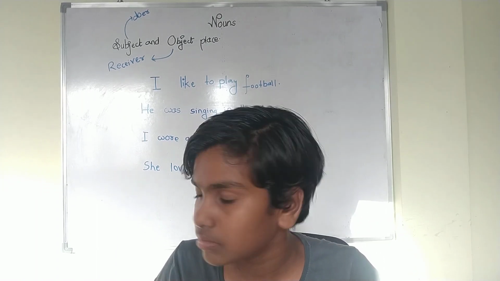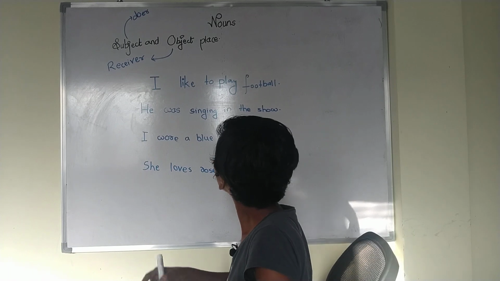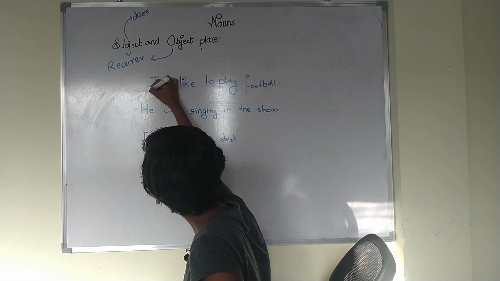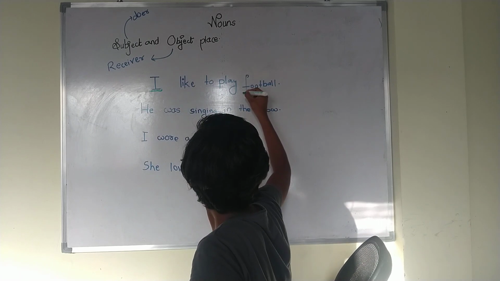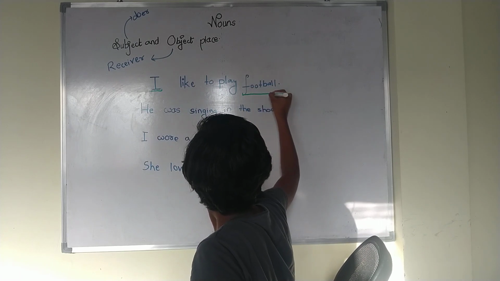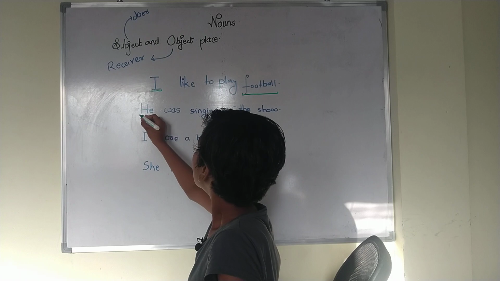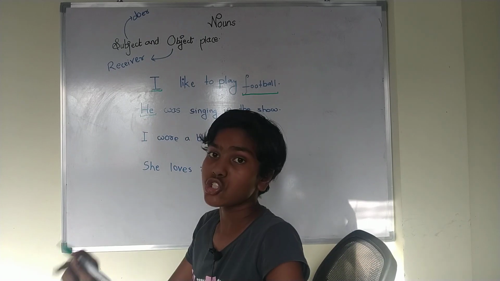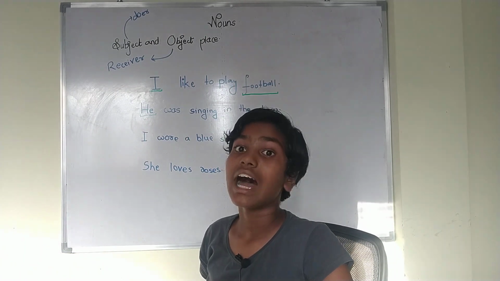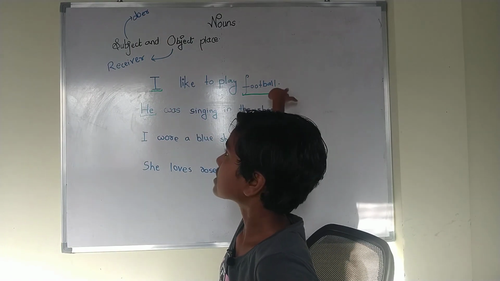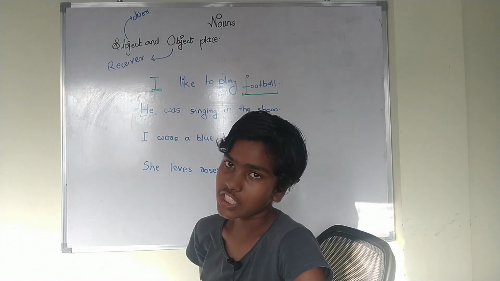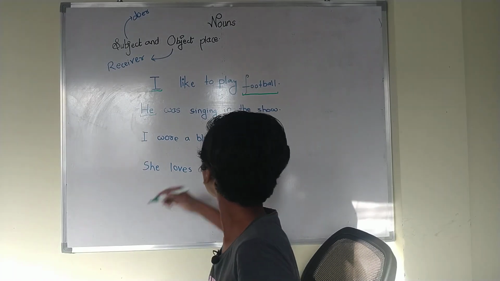Here, I is the subject pronoun. I'm repeating it: I is the doer here. Subject is the doer, object is the receiver. Really easy. I hope you get it.